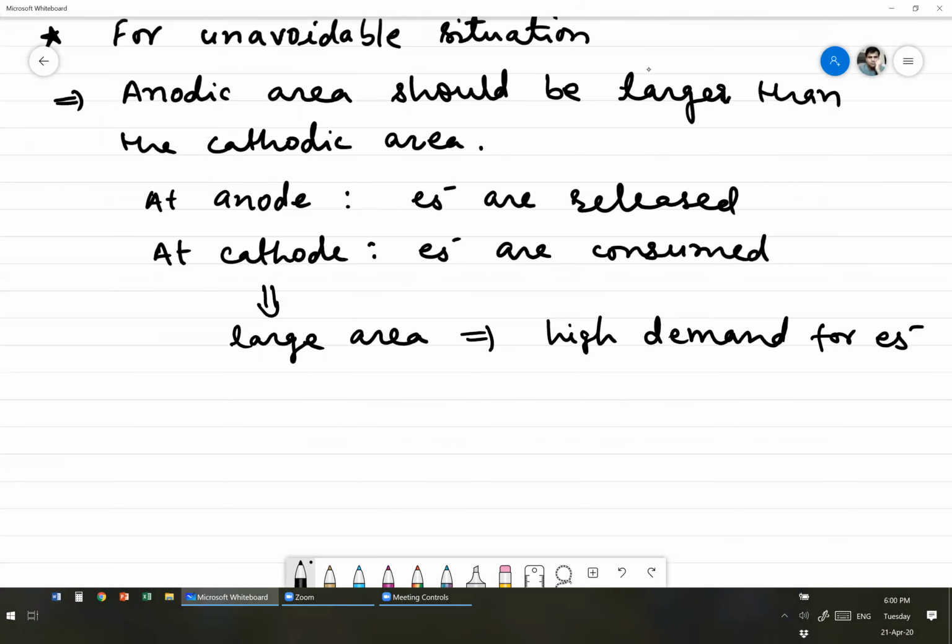And in case the anode has a small area, then the high demand for electrons of the cathode could be satisfied by the small anodic area only if it undergoes very rapid or drastic corrosion, right?